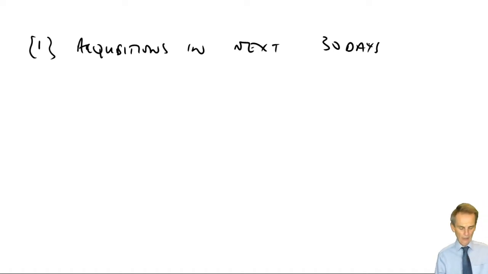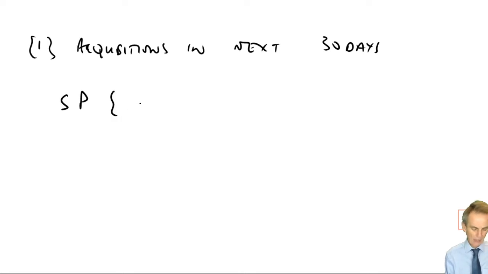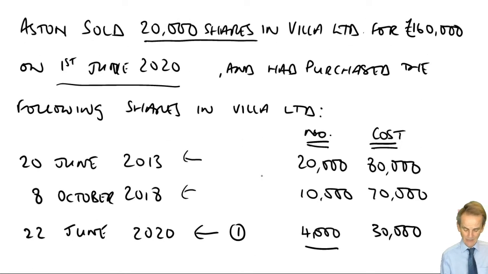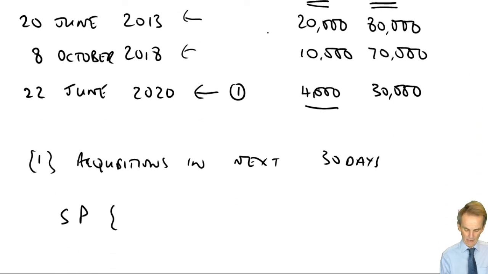We had 4,000 shares. So we need to work out again sales proceeds. What we know in relation to the sale is that at that date, the 1st of June 20, the sale took place, 20,000 shares for £160,000.